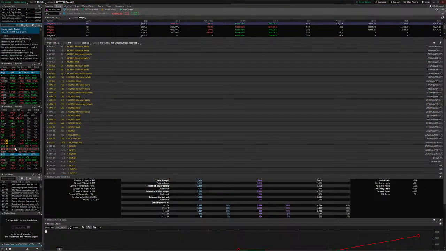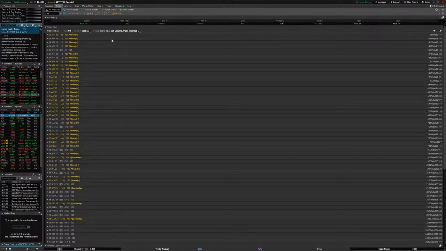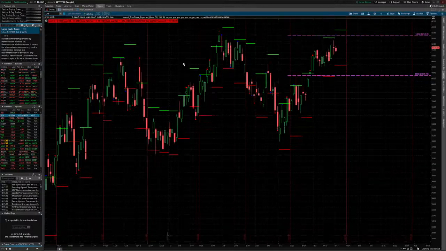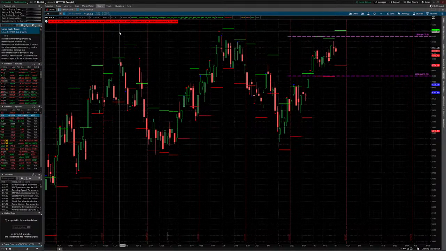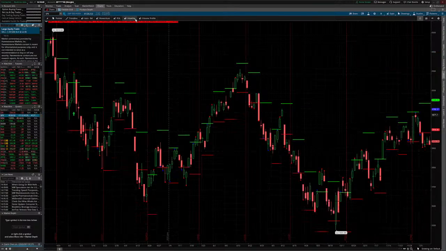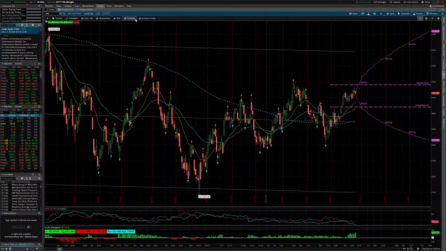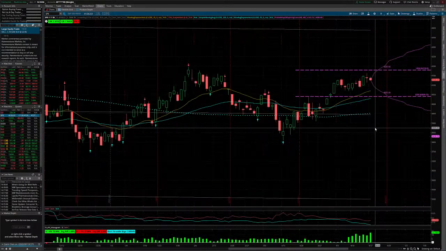Let's take a look at SPX. Take a look at a chart. And I'm going to take a look at this volatility chart. And I have a number of volatility settings. I'm going to zoom in on this.